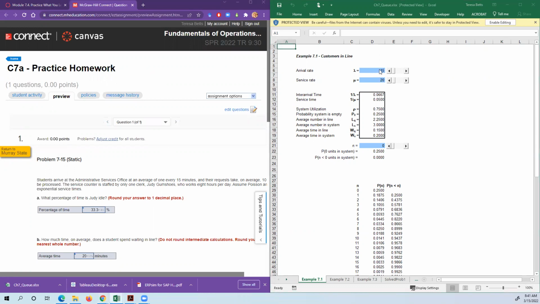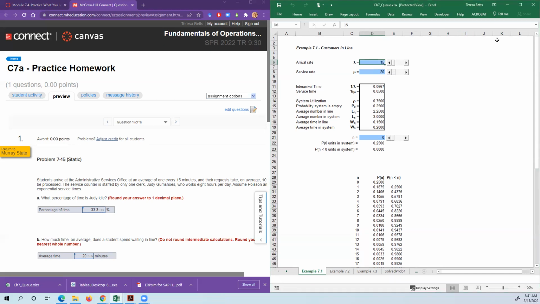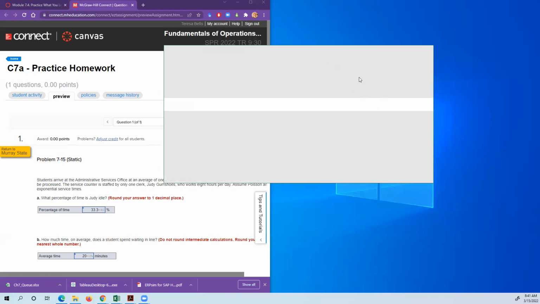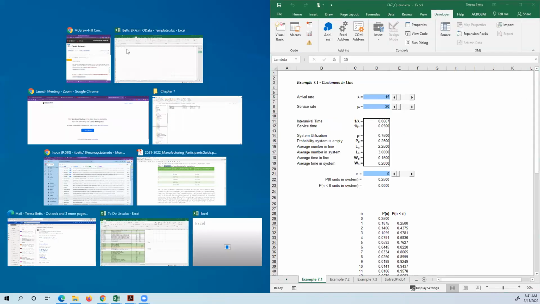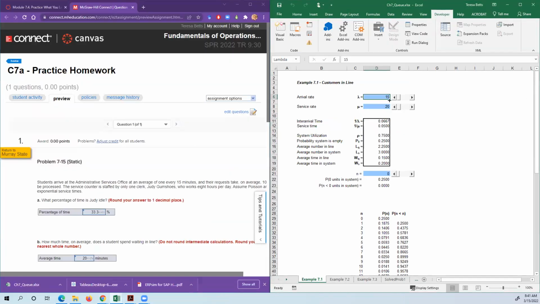What I need to get from that is that my lambda, my arrival rate, is 1 every 15 minutes, which means that I get 4. Oops, I have to enable editing. I'm like, why isn't that working? So that's going to be 4 per hour.